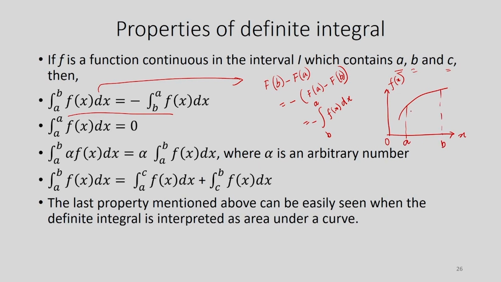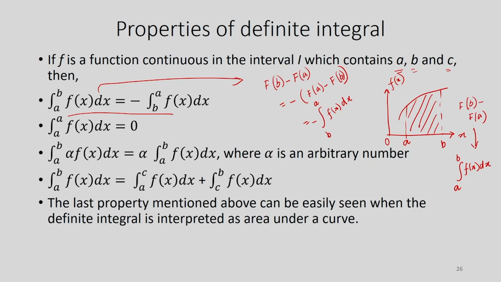Now, this entire shaded area is F(b) minus F(a), and that is the same as saying that this is equal to a to b f(x) dx. So, these three things are equivalent: this shaded area, capital F(b) minus capital F(a), and thirdly integration of small f(x) dx a to b. These three things are the same.